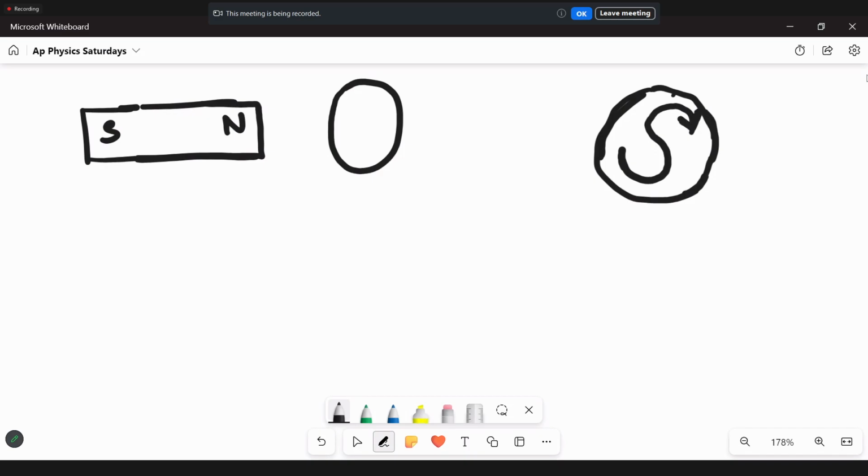Look for the direction. Is it clockwise or anti-clockwise? Clockwise. So whenever there is clockwise direction current, the side that you are facing, from which side you are saying that it is clockwise, that side is producing south pole.